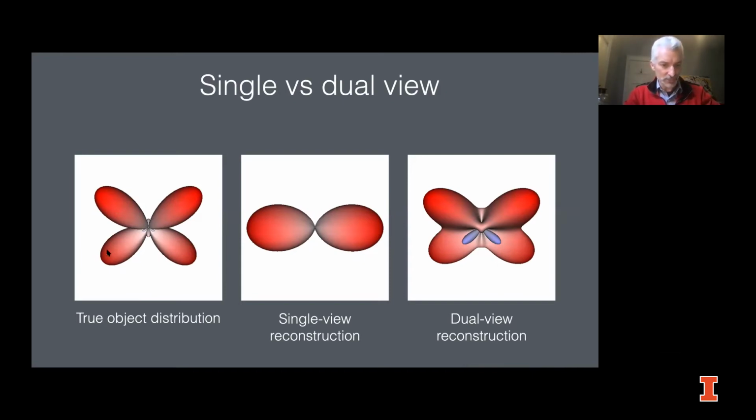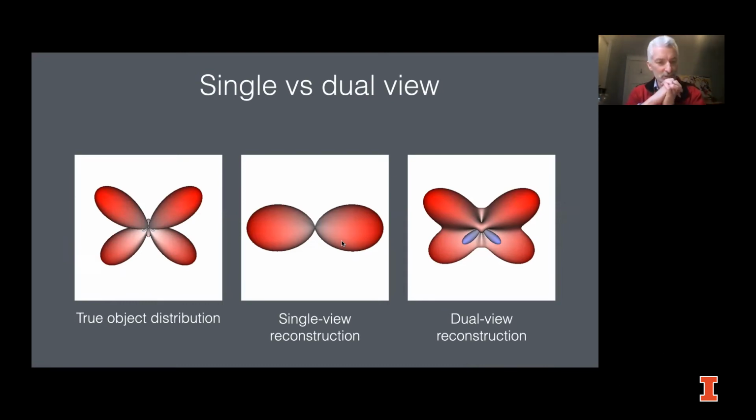If this is a true object distribution, some crossed fibers, represented by this fairly complex ODF, and you tried to reconstruct this with a single view microscope with polarizers, the best you could do would be this view here shown in the center. And we can see this is completely erroneous.